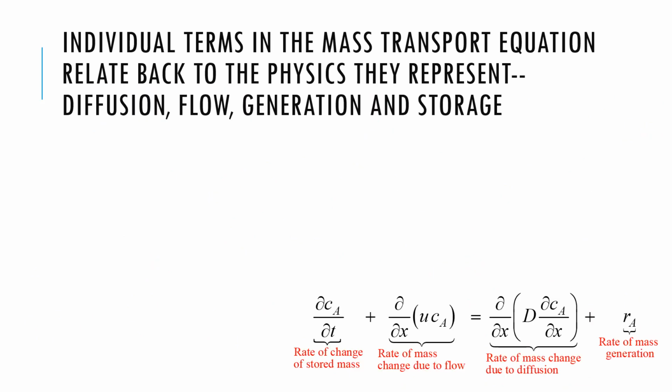Applying this equation is easier if we relate each term to the corresponding physics that it represents. So we don't get worried about the equation looking big with many derivatives. As long as we keep track of what they represent, it's not bad, because we often solve it using commercial software.